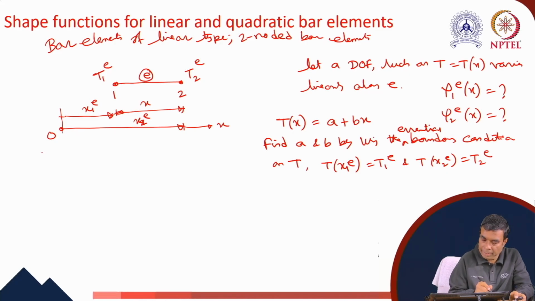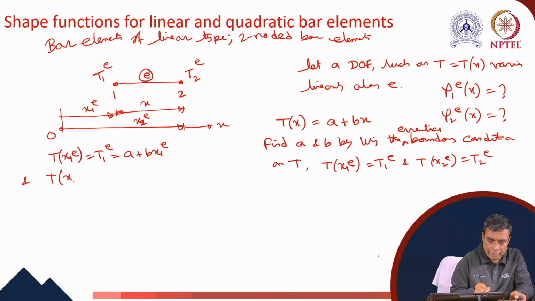So implementing these boundary conditions, we get T at x1e equals T1e equals A plus B x1e, and T at x2e equals T2e equals A plus B x2e.